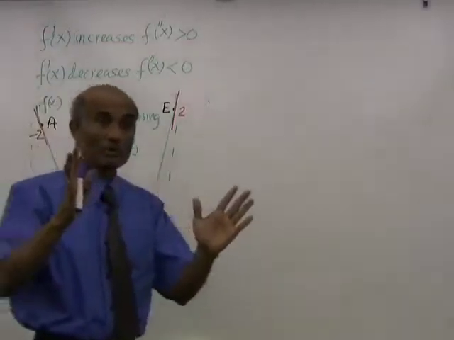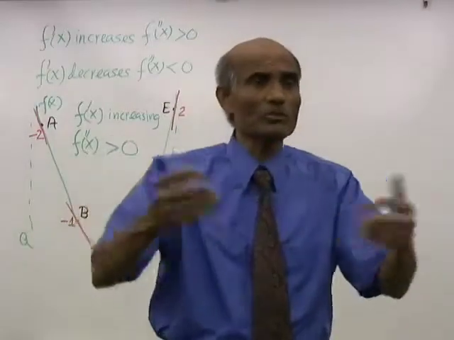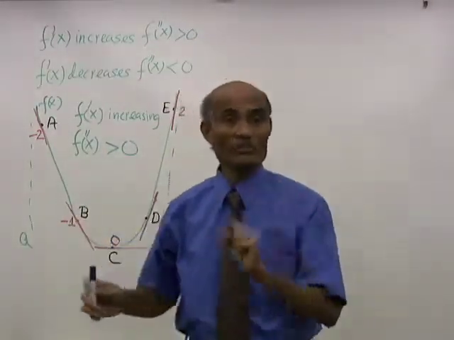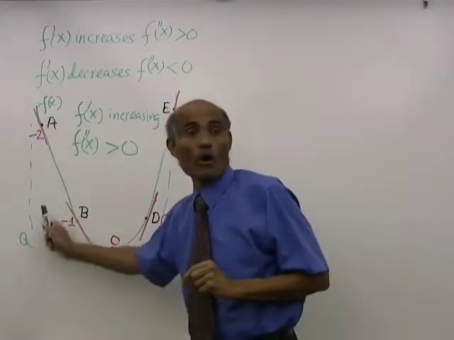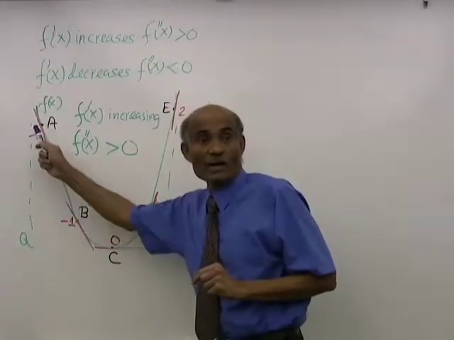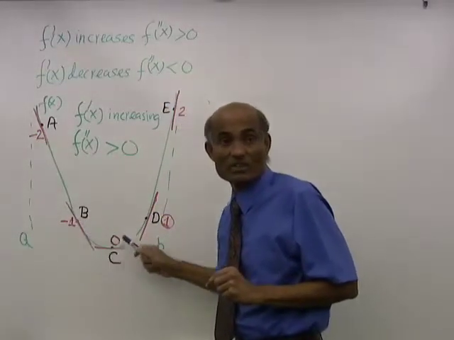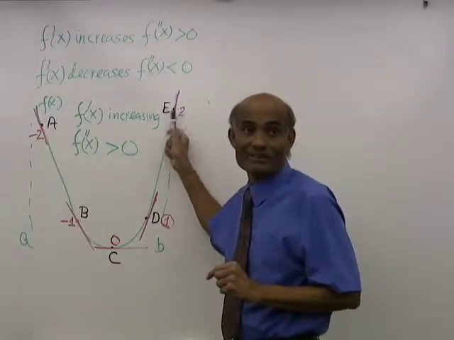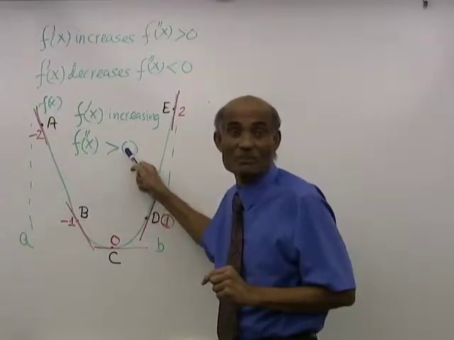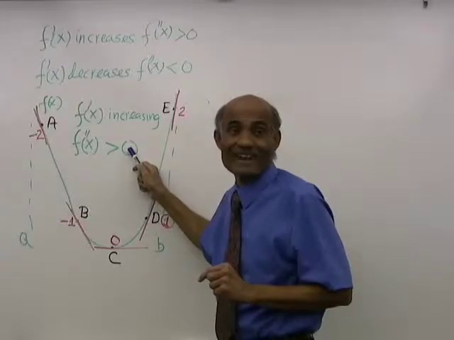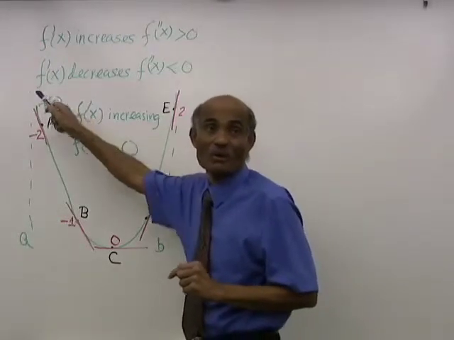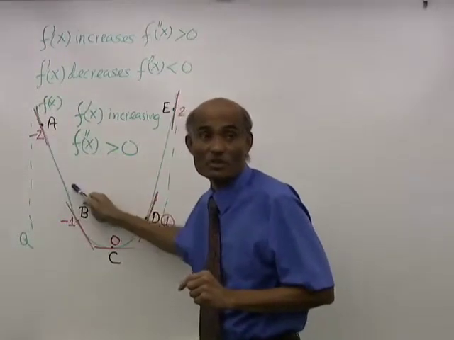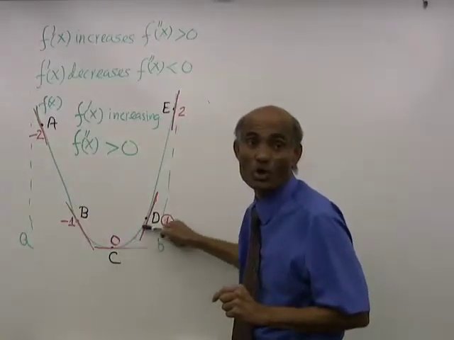So I'm going to repeat that one more time. Make note of these things. On an interval where the first derivative is increasing, the second derivative will be positive. And on such an interval, the graph of the function will be shaped concave up.